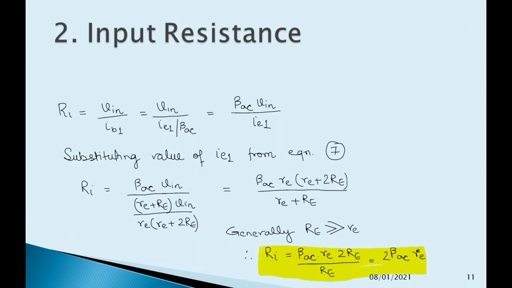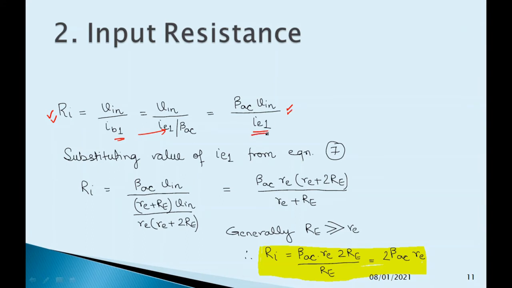Second parameter is the input resistance. As we know, the input resistance is given by Vin upon IB1, meaning voltage upon current is resistance. Replacing IB1 by IE1 upon beta AC, this is equal to beta AC into Vin upon IE1.